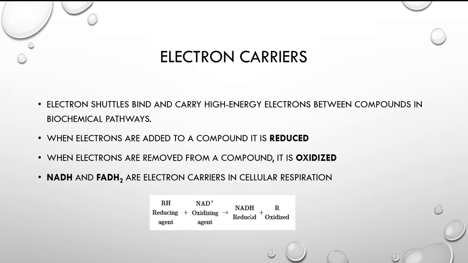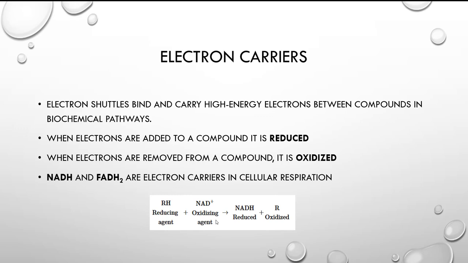Once it is in this form, it's carrying electrons, so it has extra electrons, and eventually, as we'll see in the next video, it will drop off those electrons, so it will lose electrons. It will be oxidized. When it loses electrons, it goes back to its oxidized form and turns back into NAD+.